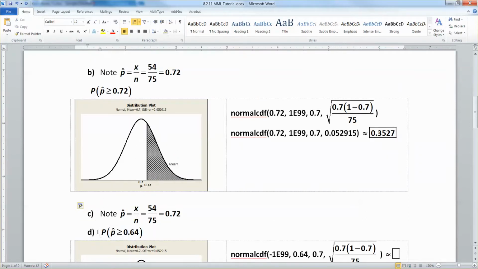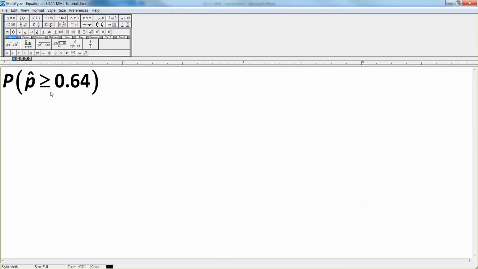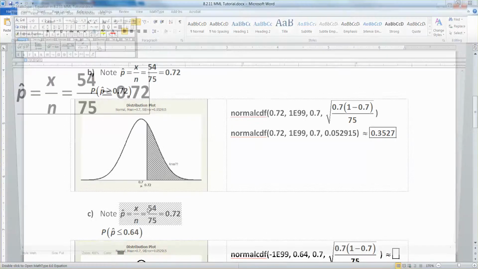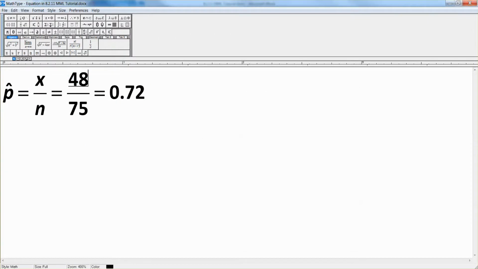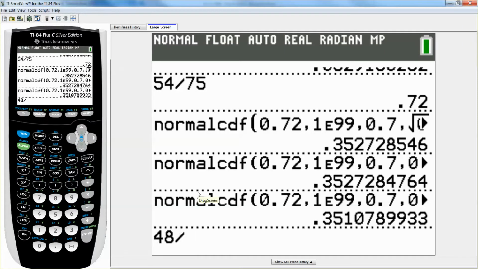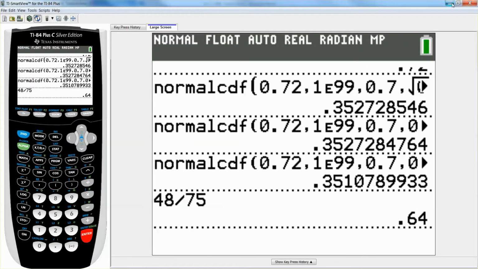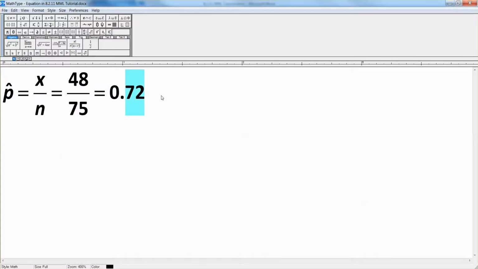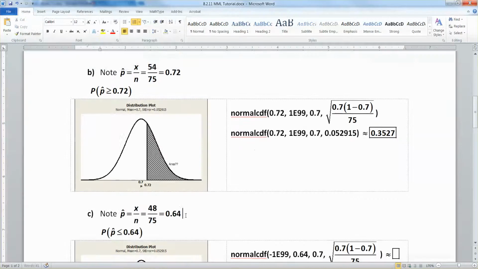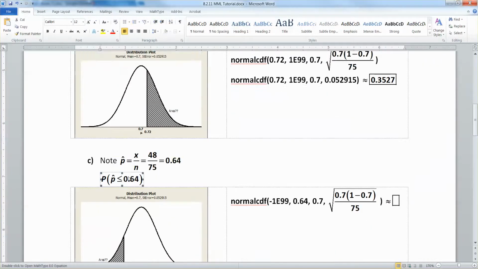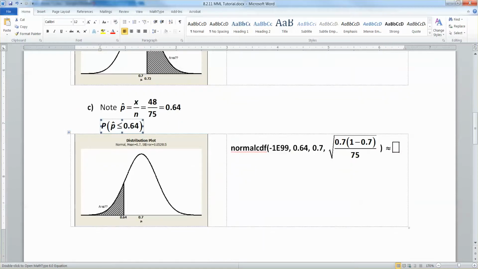Fewer would be less than. Now where do I get the 0.64? 48 out of 75, which is my sample size, would be 0.64. So I turn that 48 or fewer into a proportion, and I want to be less than that, and you can see I've already drawn it right here.